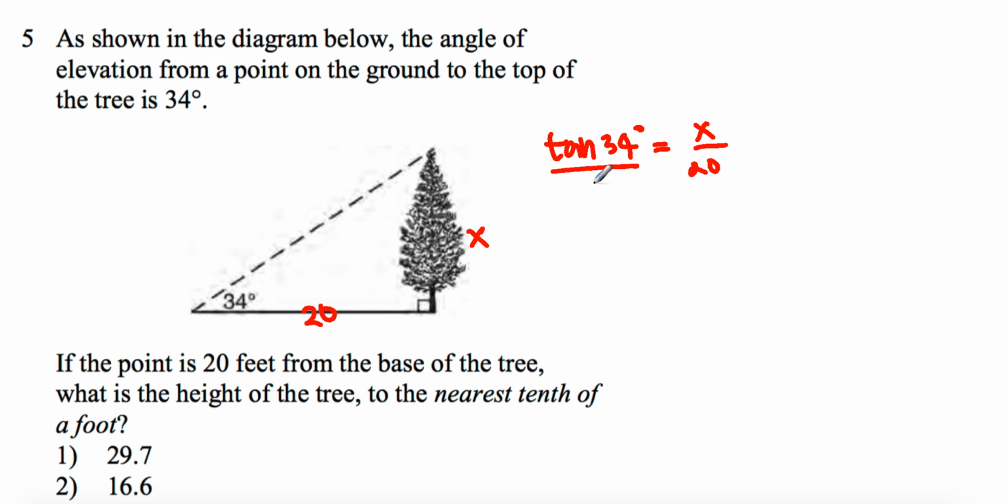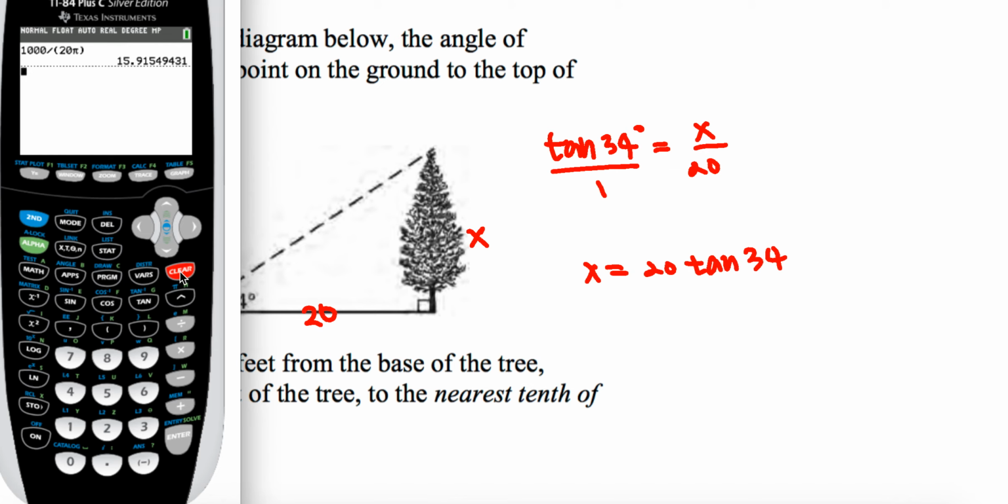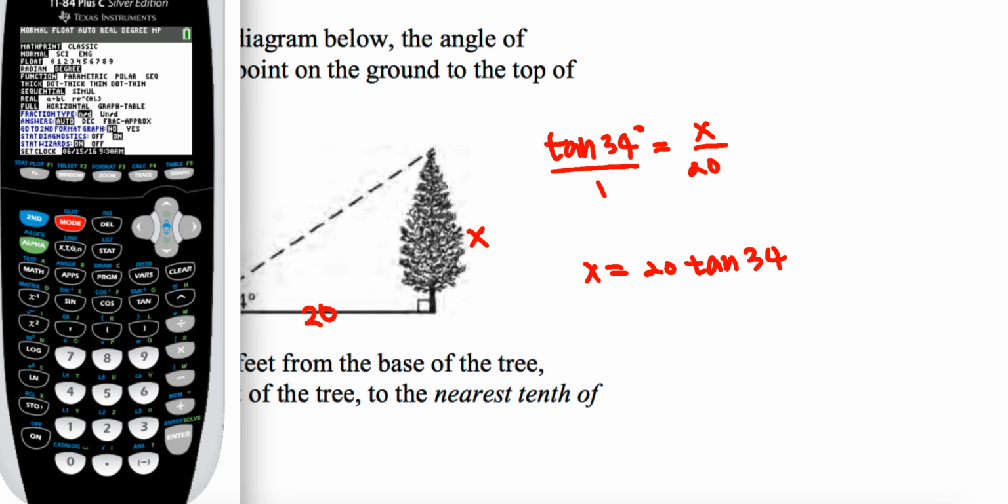Then I can simply cross multiply to get x equals 20 tangent of 34 degrees. Now, all you have to do is put them into your calculator, making sure that my mode is in degrees. I can see that here.